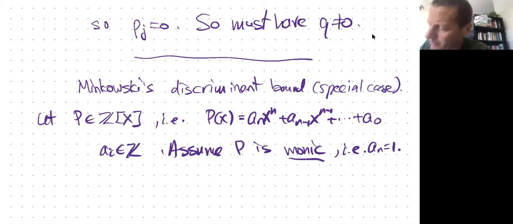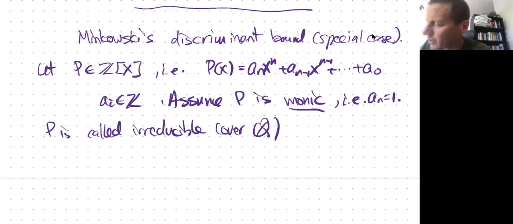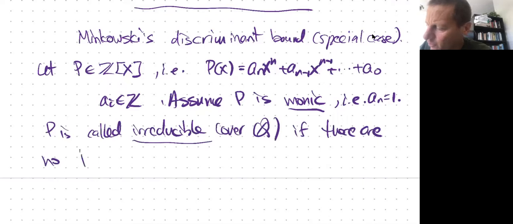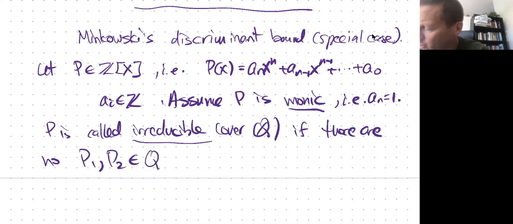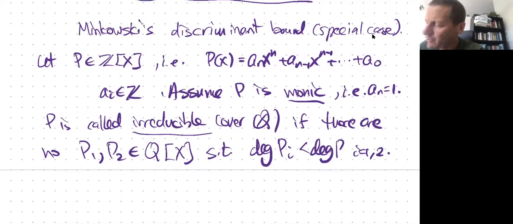And P is called irreducible over Q if there are no two polynomials, P1 and P2, with rational coefficients, such that the degree of P_i is less than the degree of P, and P1 times P2 equals P. Those of you who took a course in algebraic number theory, or maybe in an algebra course, know this.